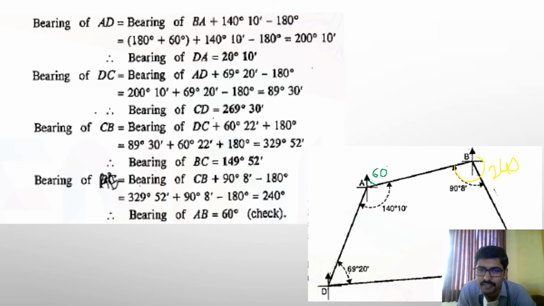The fore bearing of line BC can be easily found out. So it is 240 minus 90 degree 8 minutes. This is how all the angles can be calculated. If you find this particular solution easier, you calculate by using this solution. Otherwise, looking at the diagram, you can easily formulate your own formula, and you can always do the calculation on your own, right?